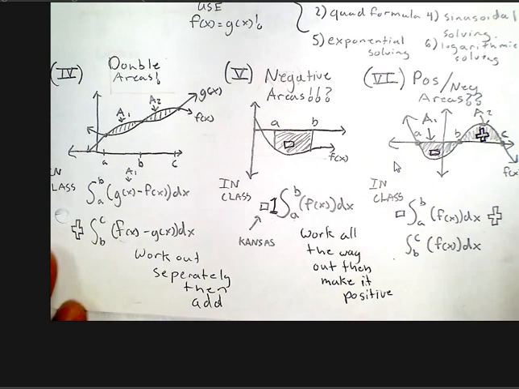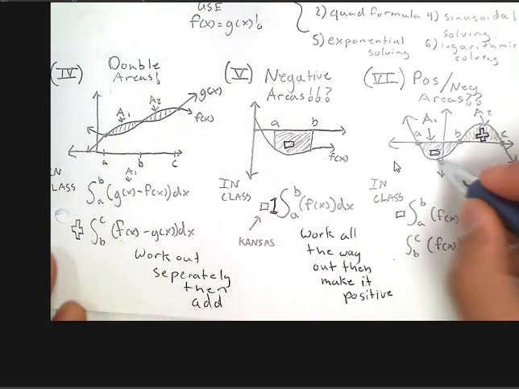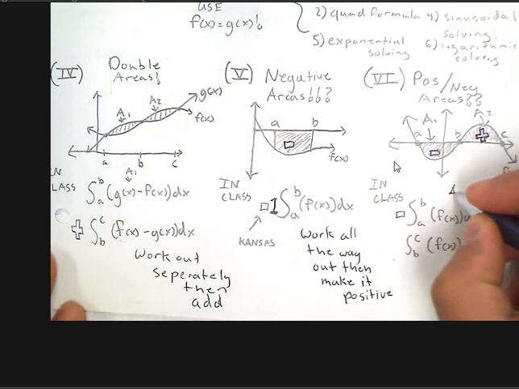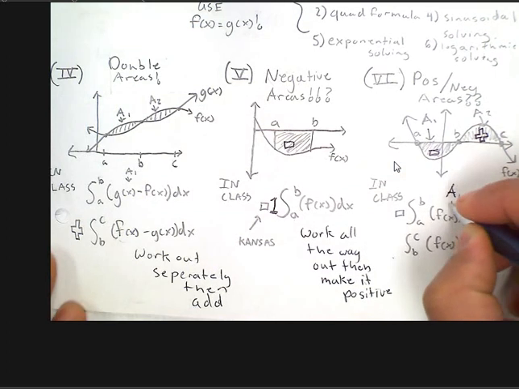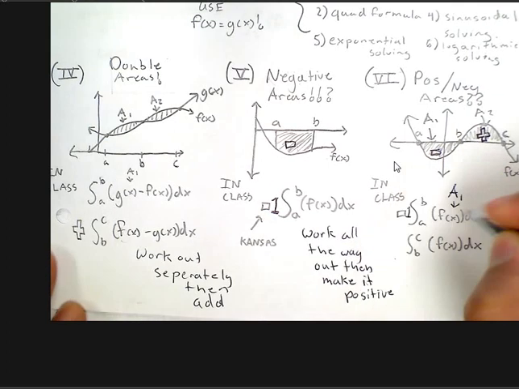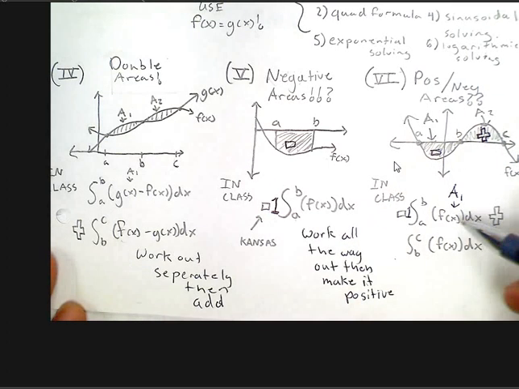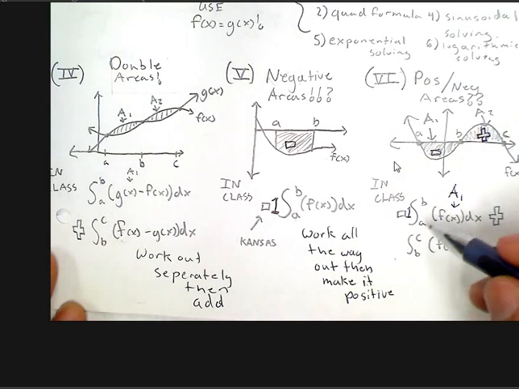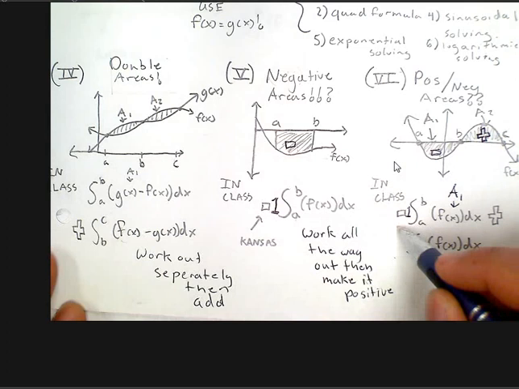So I'm going to fix this negative area for A1, area 1. I'm going to change it to positive by multiplying it by -1. So I'm going to work this out all the way separately, then make it positive. Same thing here.